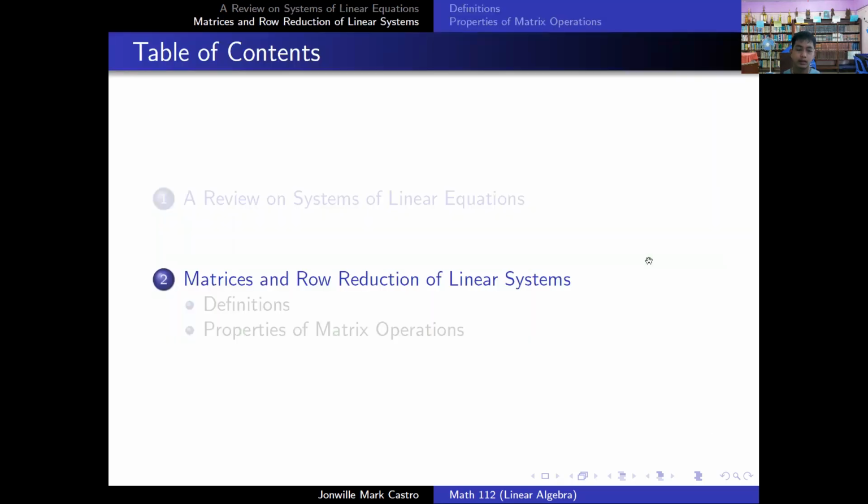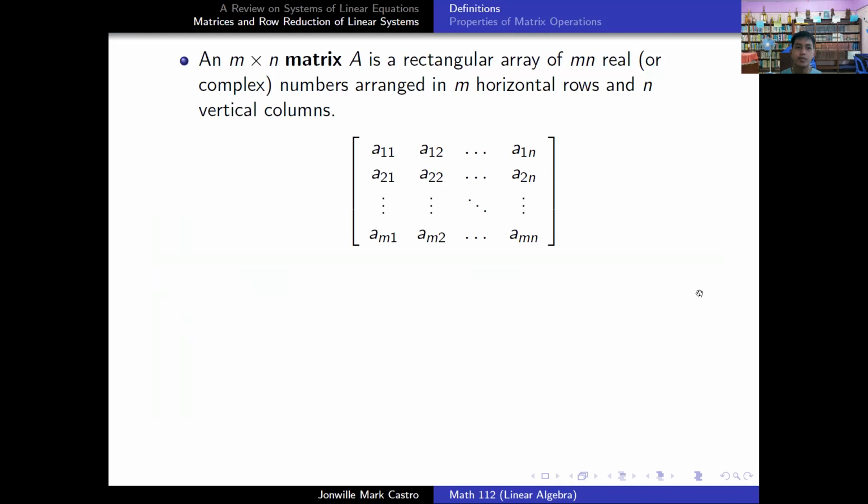So, we now go to matrices and row reduction. So, let's look at definitions. An M by N matrix A is a rectangular array of Mn real or complex numbers arranged in M horizontal rows and N vertical columns. The ith row of A is given by A sub I1 up to A sub IN, where I is between 1 and M. So, example, pag first row, meron tayo A sub 1,1, A sub 1,2, to A sub 1,N.